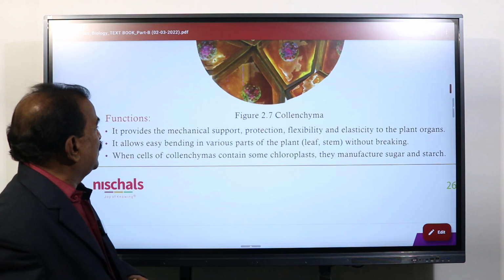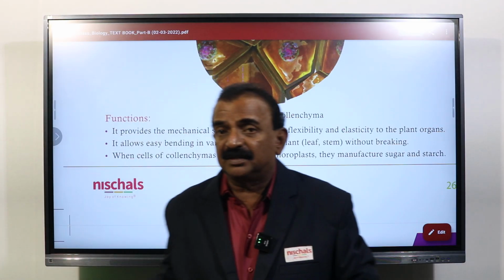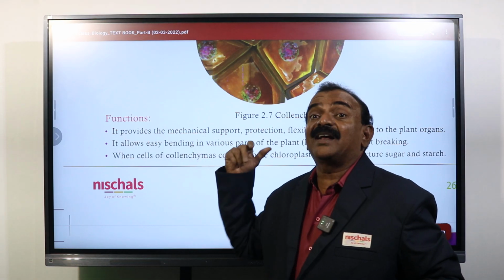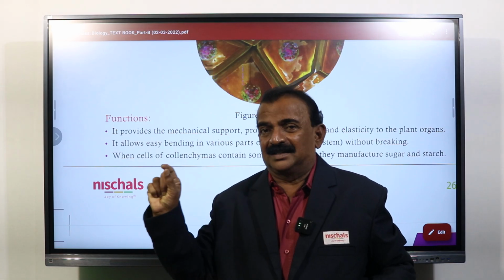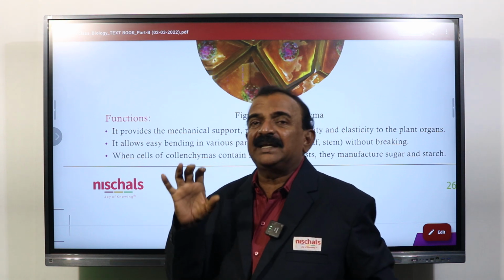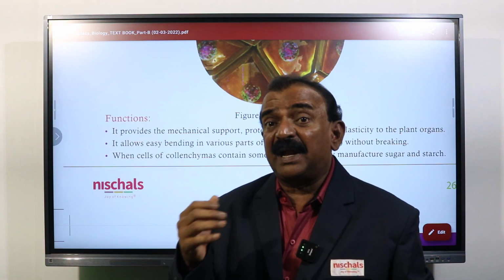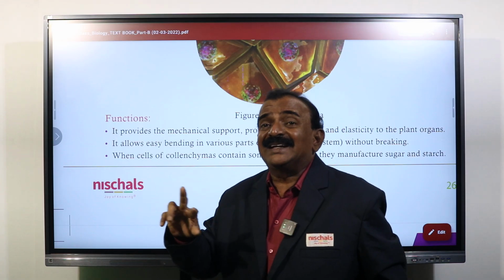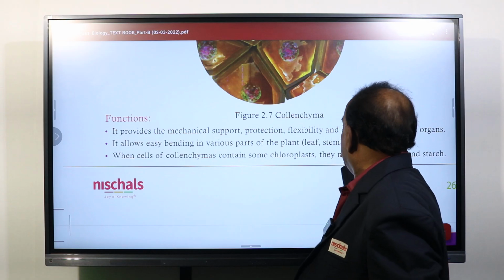Again, we need to understand the functions performed by collenchyma. What are the functions performed by collenchyma? It consists of thickened cell corners. The edges of the collenchyma are thickened, and these thickened cell corners help the plant by providing mechanical support, and they provide elasticity and flexibility.